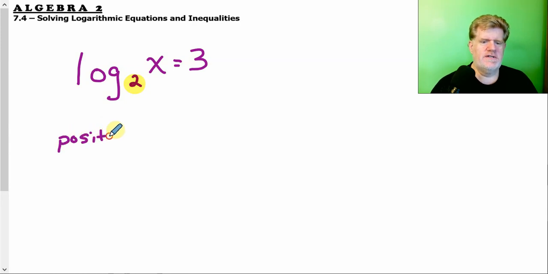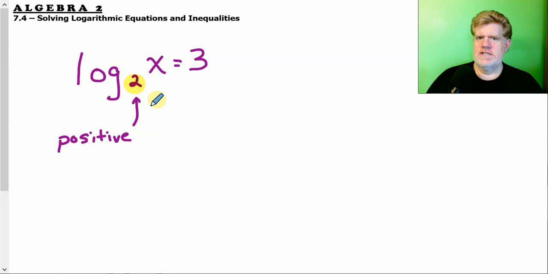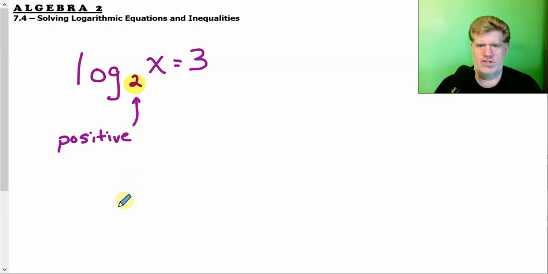Now, is there such a thing as a log to a negative base? There's some usefulness in different applications. It causes a lot of trouble, so it's something we're going to avoid by strictly saying that we're only going to use positive bases. The study of logs with negative bases is beyond Algebra 2. And I want to show you what that assumption is going to lead us to.